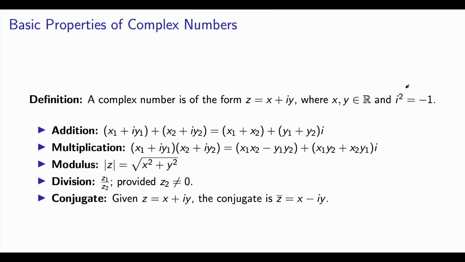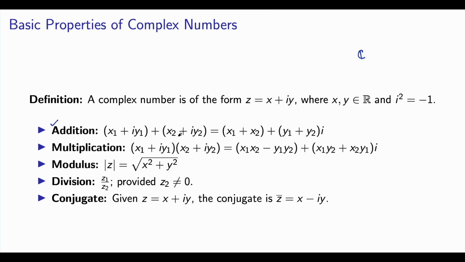We have already discussed in the first video that this is not an ordered field, complex number C, because of the property that i square is not a positive quantity, it is going to be negative. How do we define addition?